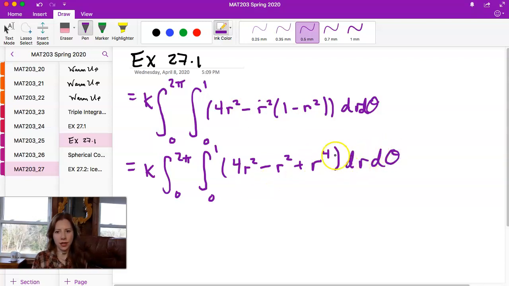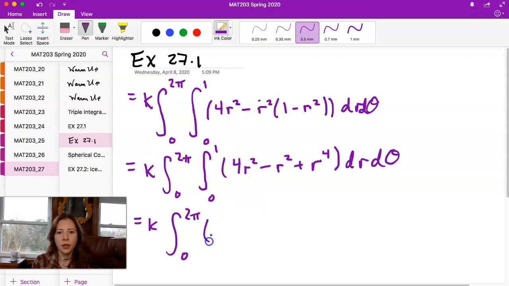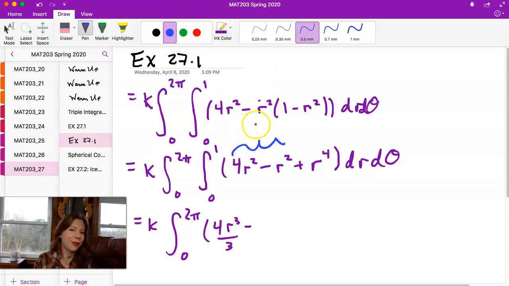Now we have to integrate this in terms of r, and so it's going to be k times the integral from 0 to 2 pi times 4 r cubed over 3 minus, I just realized how silly I was with the way I wrote this out, but we'll get over it, right? 4r squared minus r squared is 3r squared.